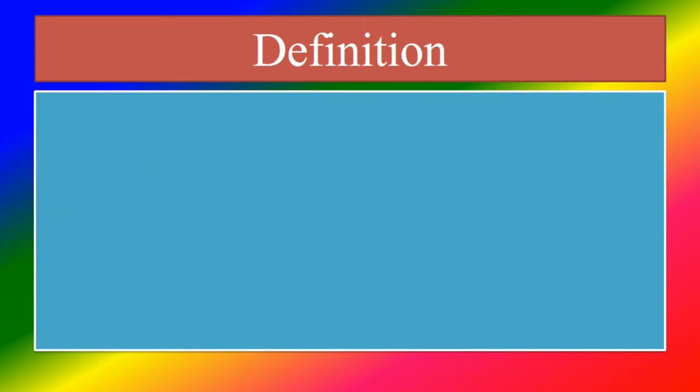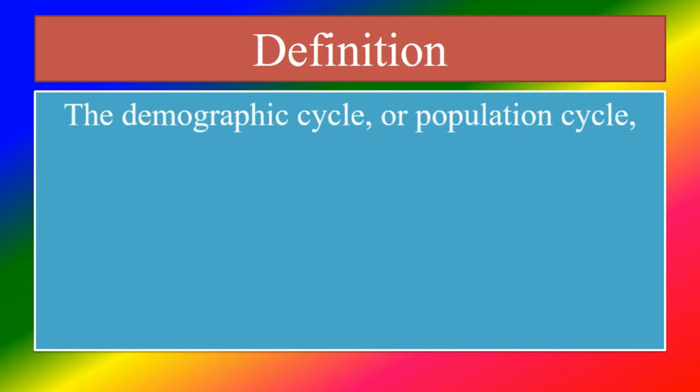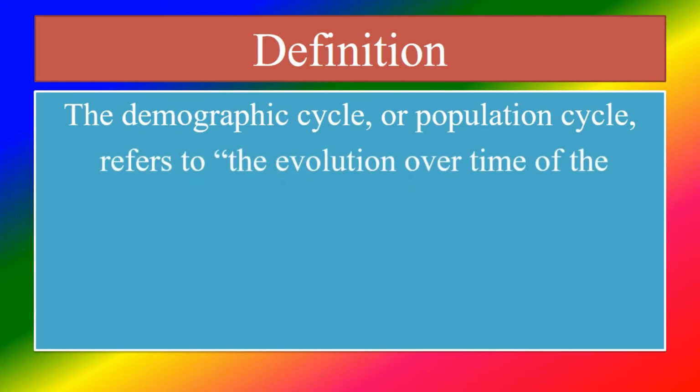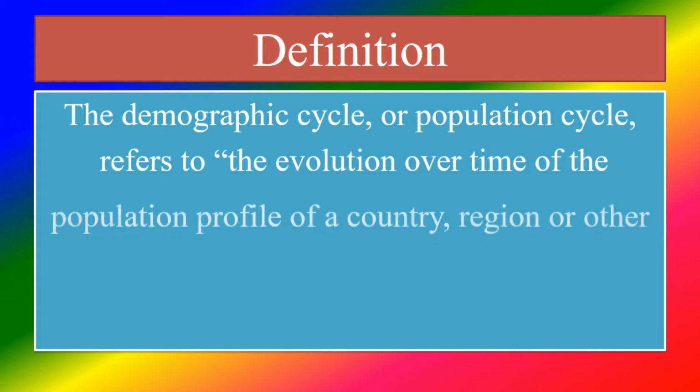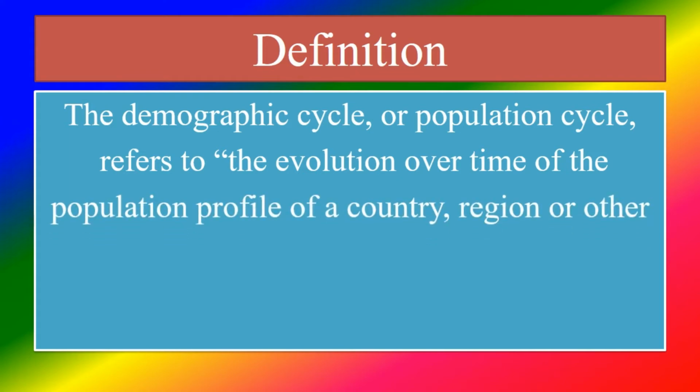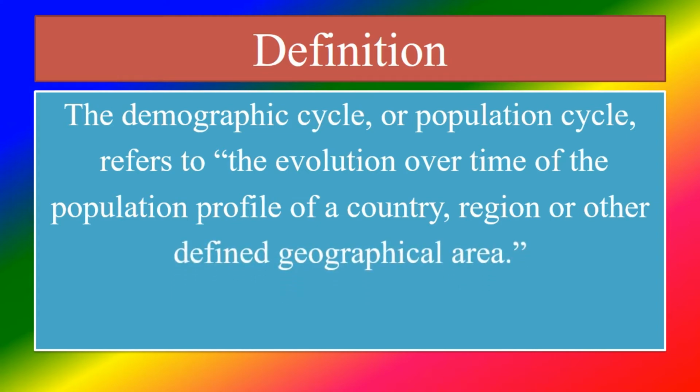Can you define demographic cycle? The demographic cycle or population cycle refers to the evolution over time of the population profile of a country, region, or other defined geographical area.